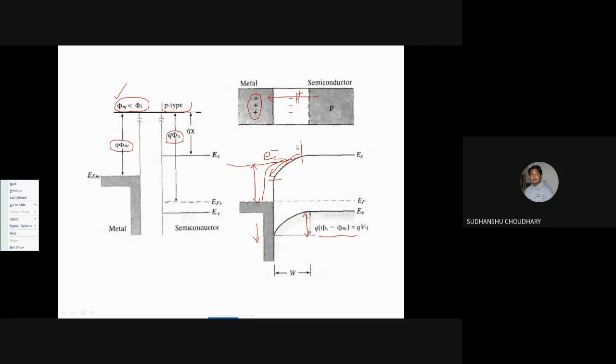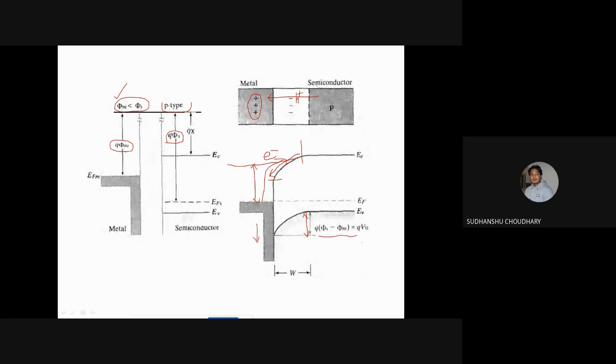One would want the device to conduct as soon as the bias is increased from 0. At 0, of course, we don't want conduction, but as soon as the bias increases from 0 to maybe 0.1 volts or 0.01 volts, the device should conduct. But because of this barrier, the device does not conduct unless the applied bias surpasses this barrier.